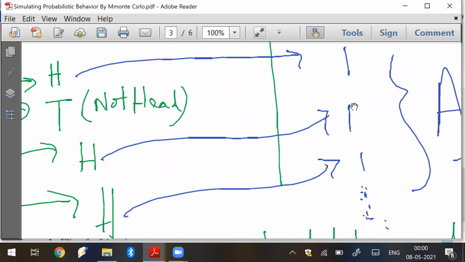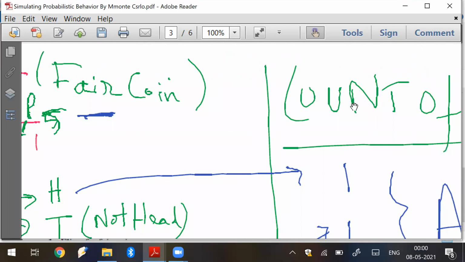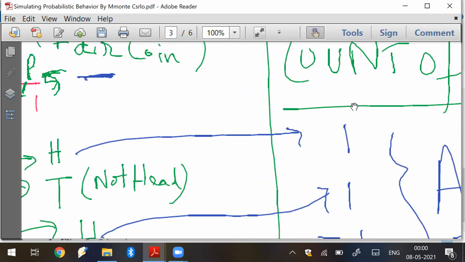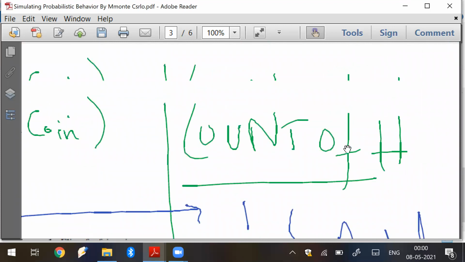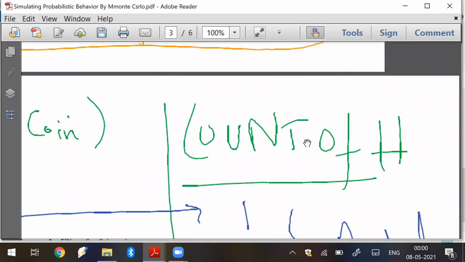You go on repeating for 1,000 tries, see how many times you get the head, and then add all this up. This gives the count, and count divided by the total number of random numbers you are generating will give you the probability of getting a head. Exactly this type of idea is to be used when we try to design the Monte Carlo algorithm for simulating the probabilistic behavior of a coin toss, a fair coin toss I am taking.